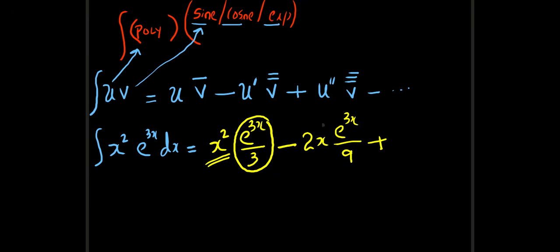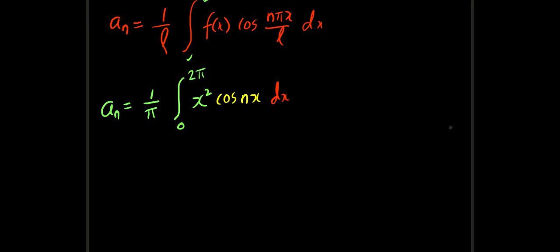Now you differentiate the first function again, and then you integrate the second term. That will be e to the power 3x the whole divided by 27. Now you can stop here, because if you differentiate this function it will vanish. So let's go back and try to find an with this amazing method called Bernoulli's rule.